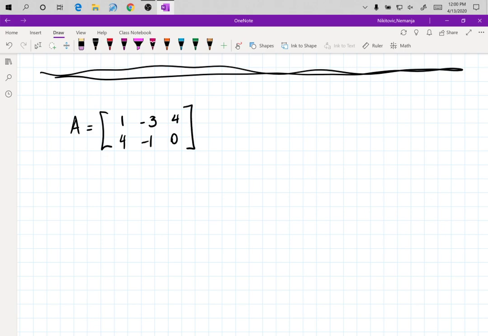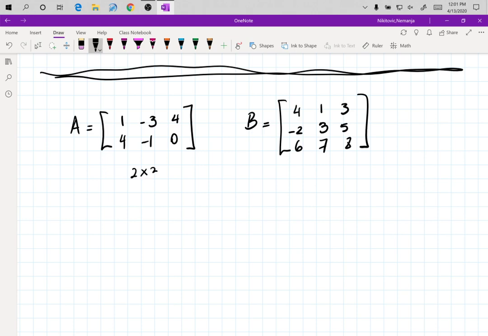And the B is 4, 1, 3, -2, 3, and 5, and 6, 7, 8, whatever. So over here, I have 2 by 3, and over here I have 3 by 3. We see that I want A times B this time. Last time I messed it up. Okay, so here we go.